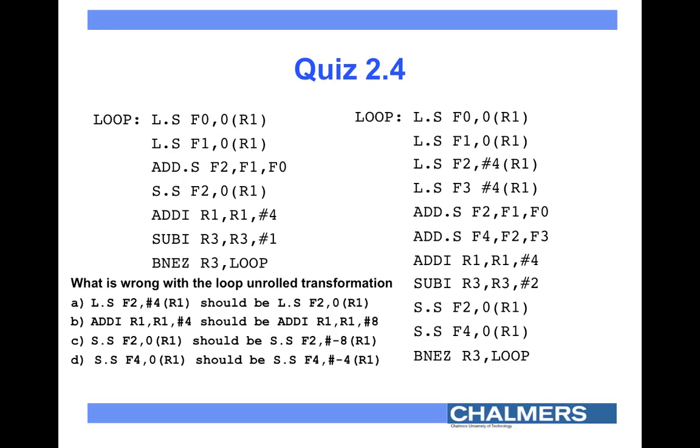So as far as A, the load instruction, which is the third instruction in the unrolled loop to the right, should be, instead of having a displacement of 4, a displacement of 0.